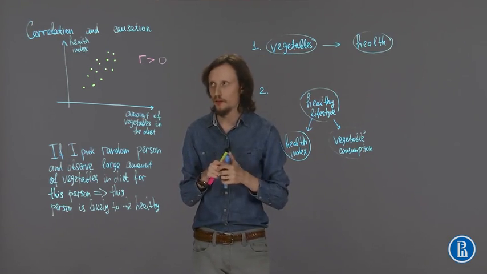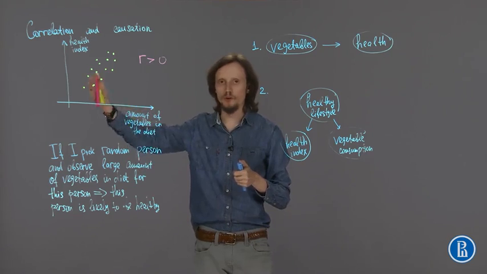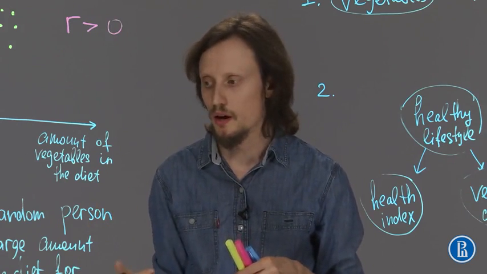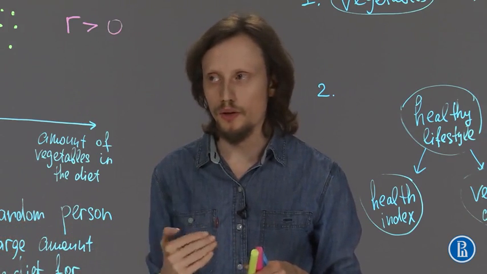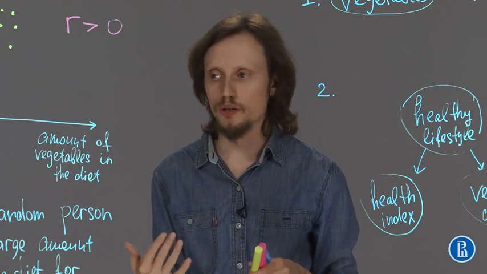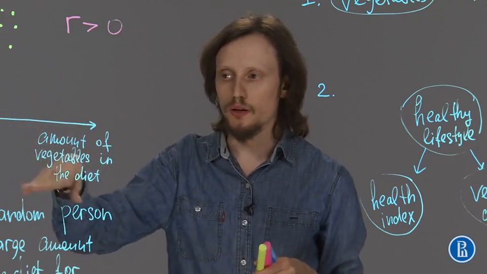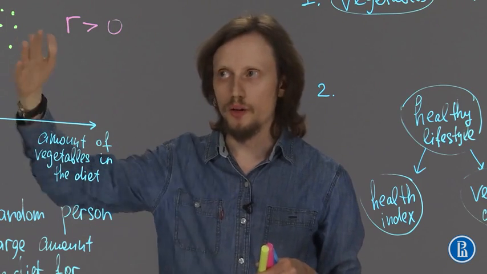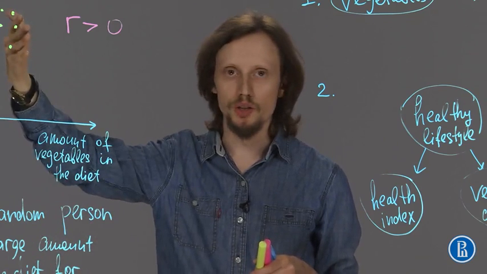Anyway, correlation is a good measure of association between variables, but we have to understand that this association is of observation nature. If we do some kind of machine learning and we are interested only in predictions, we want to predict the health index, and we use information about vegetable consumption. And we know that there is a correlation.